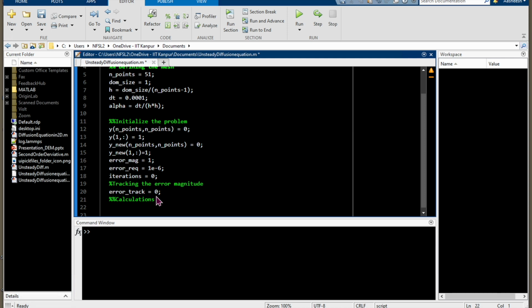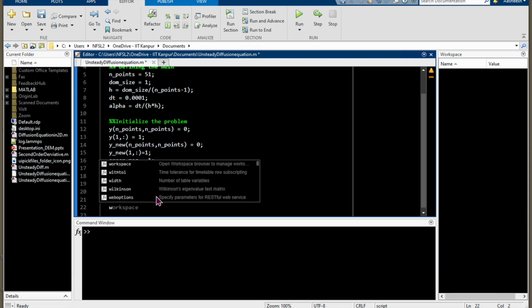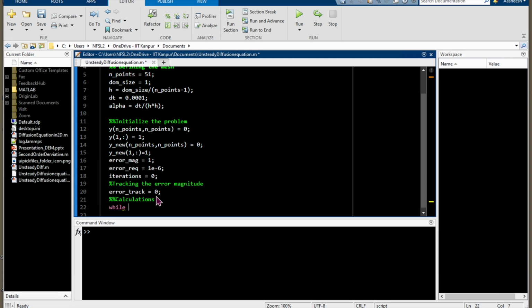So now I am starting my loop, which is a while loop. As I told, this while loop is used for checking, and as soon as my error requirement is achieved, my code will stop.